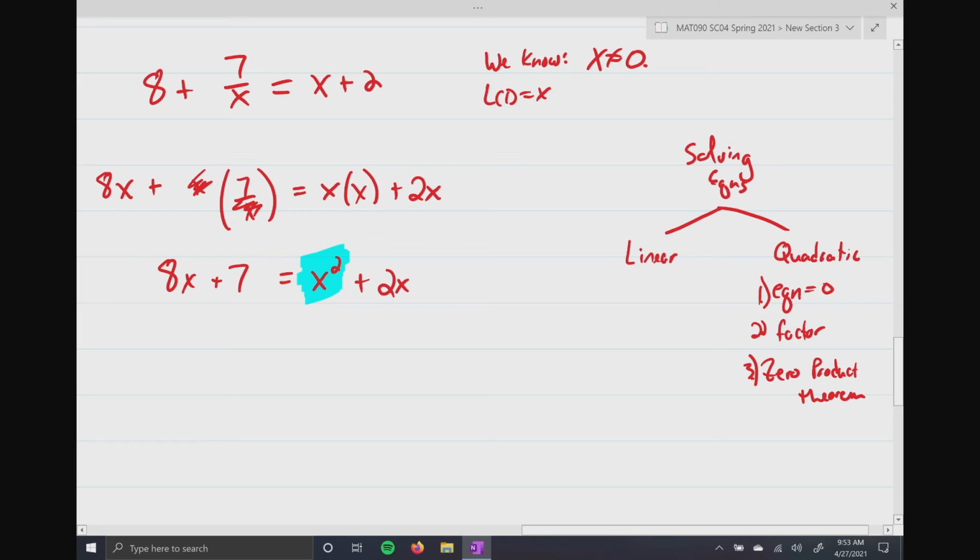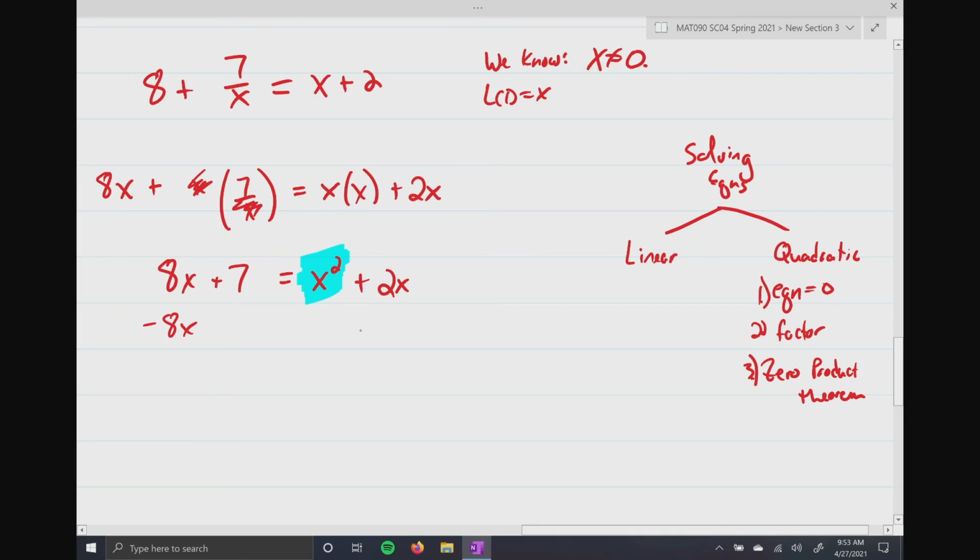It's all because I know, first and foremost, I'm solving. That's what the question asked me to do. Second, I need to think about what type of problem I'm solving. Is this linear or is this quadratic? This clearly is quadratic. So I'm going to set it equal to 0.